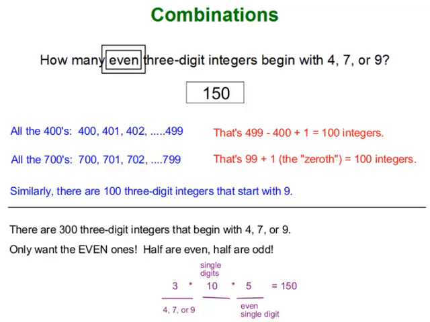And for this to be an even integer, it has to end in 0, 2, 4, 6, 8. That's 5 possibilities. And the product there is 150. So arguably that's a little bit more direct than just kind of counting the integers. Plus I think it's a little easier to keep the even restriction in mind if you have to think about the possibilities for each digit individually.